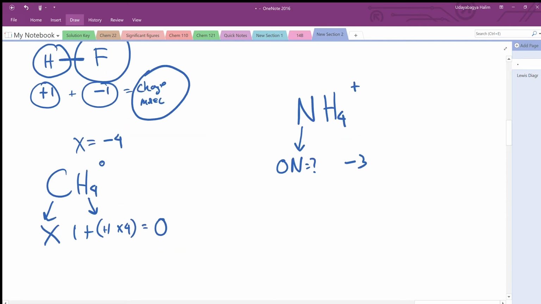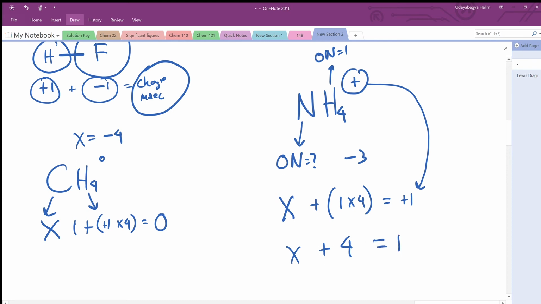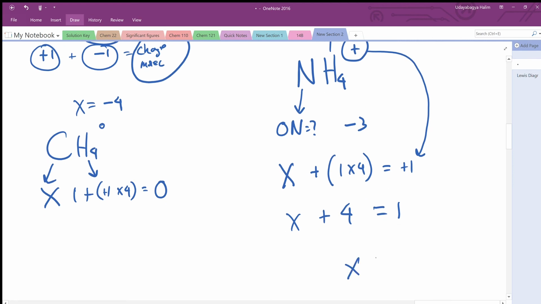And we get minus 3 because if I simply put X as the oxidation number of nitrogen, X plus each of the hydrogens at plus 1, so 1 times 4, is going to be equal to the sum of the charge, which is plus 1. So X plus 4 equals 1. So X is going to be 1 minus 4, which is minus 3.